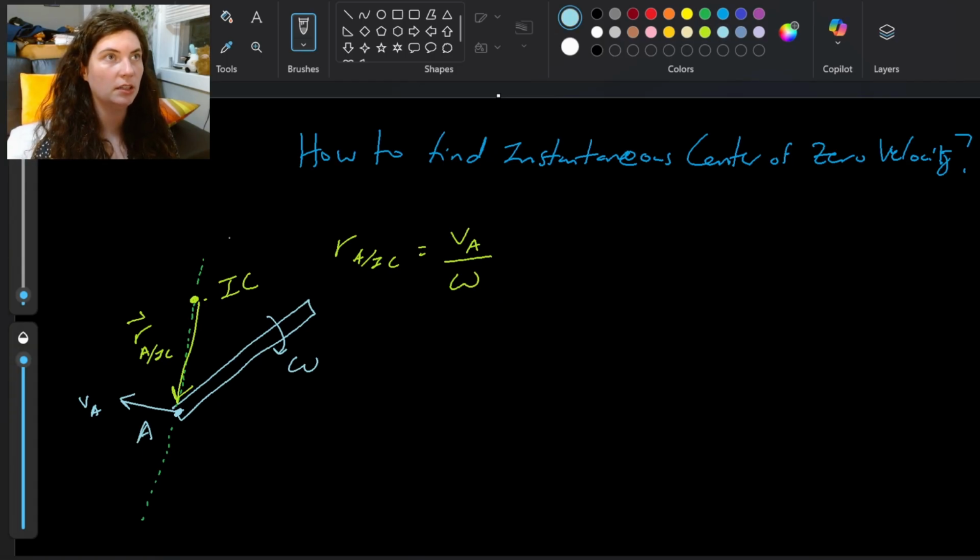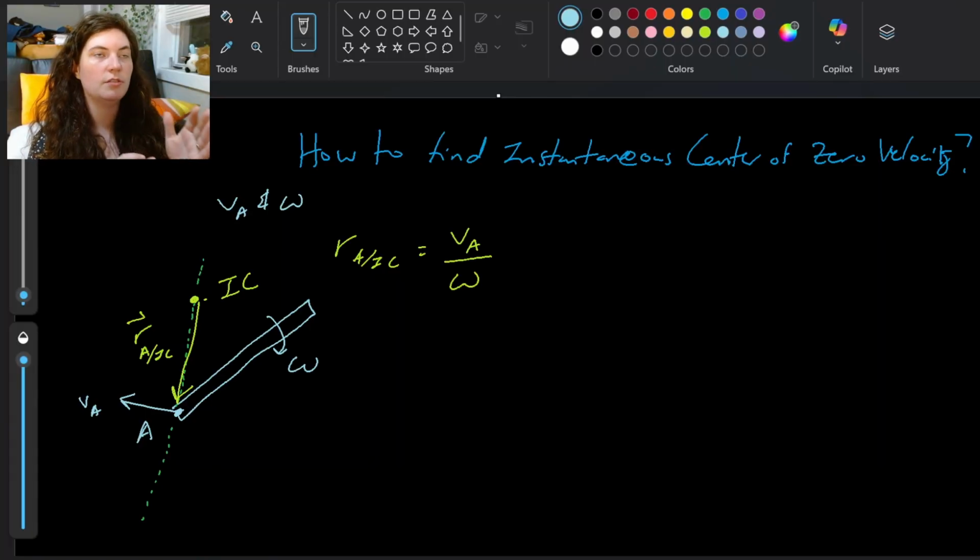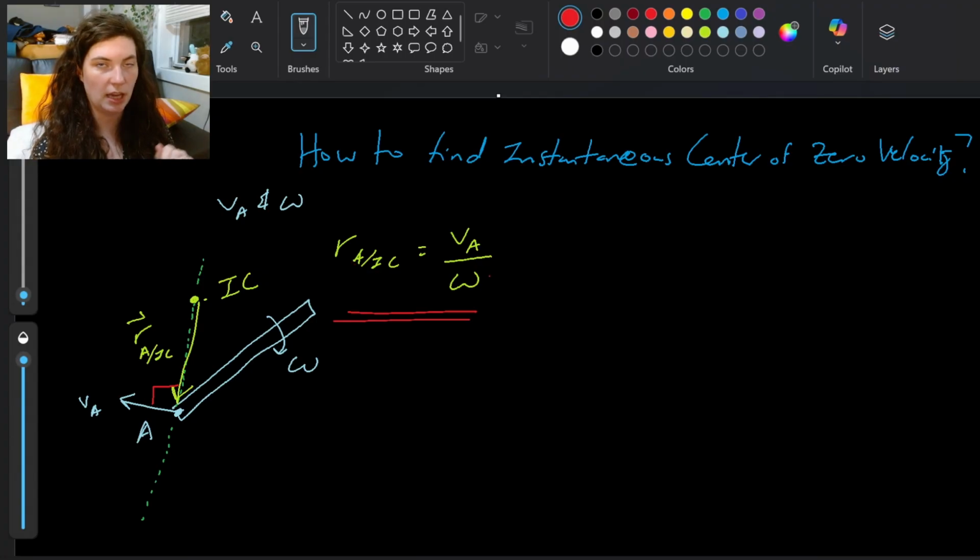We were given VA and omega. That's what we started with. So if both of those are known, we can calculate what that distance is. That direction is given from our right-hand rule and from it being perfectly perpendicular to VA. And then the overall distance is given by this equation here. We have the relationship where VA equals omega times R of A with respect to IC. So rearranging it gives us R of A with respect to IC equals VA over omega.